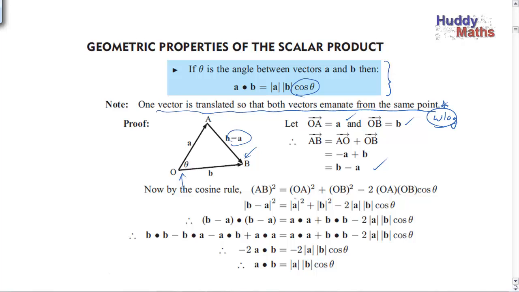Now by the cosine rule, there it is. But this time we're going to just leave it in length form here, and then we can use our dot product rules to do that, and that generates that result. So that's doing it slightly differently if you know what the dot product is.